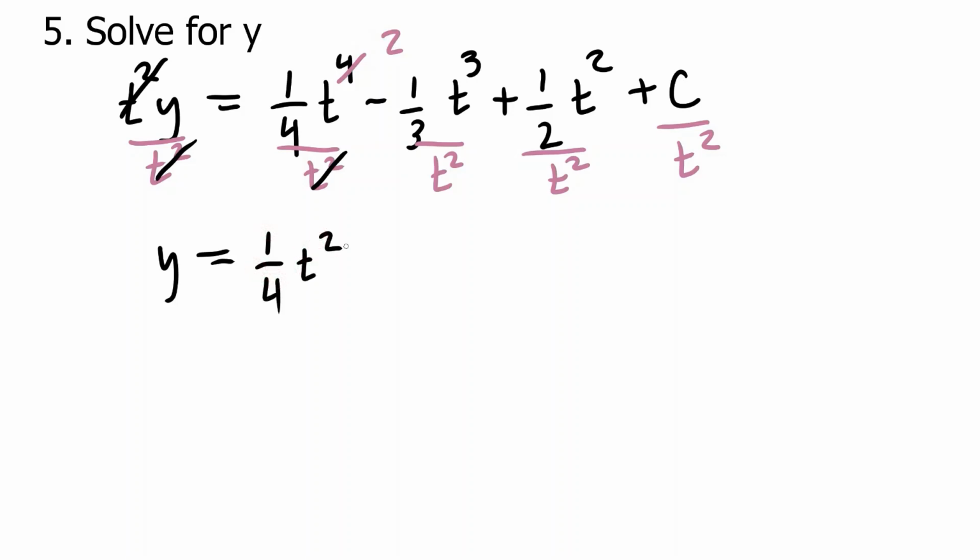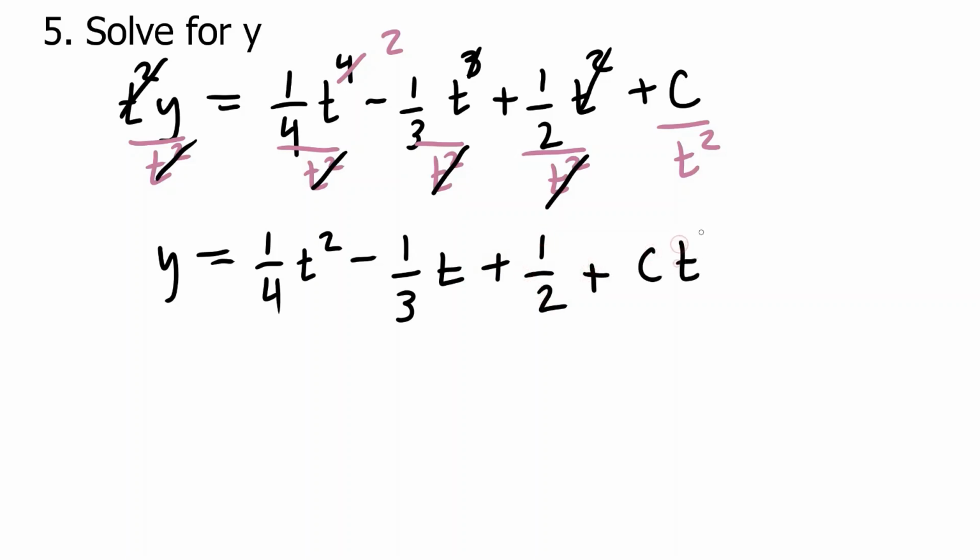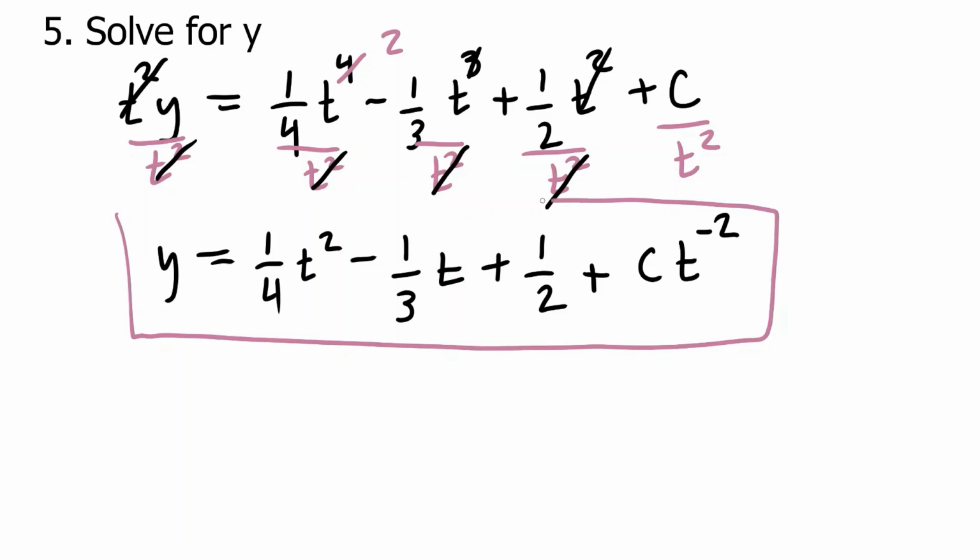The squared and the cube simplify to a t, so we have minus 1/3 t. In our next term, the t squareds cancel out and we're just left with 1/2, and our last term is plus c t to the negative 2. So this right here is our general solution to our first order linear differential equation using integrating factors.